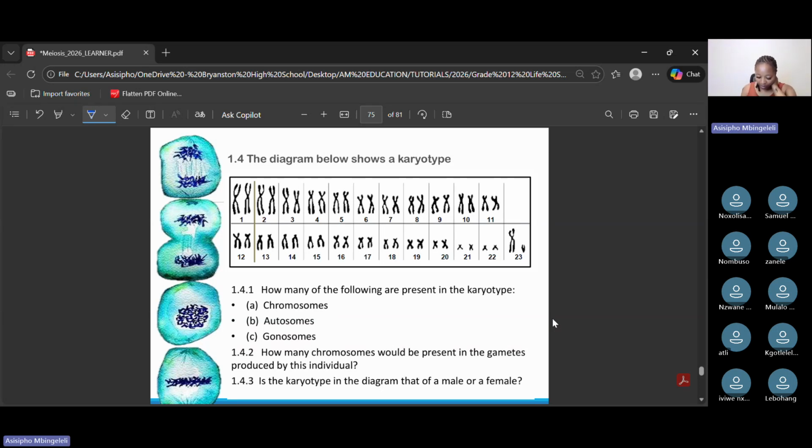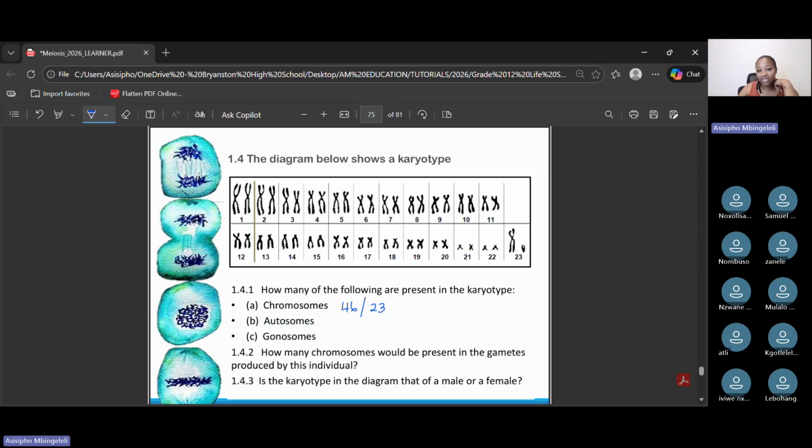How many of the following are present in the karyotype? How many chromosomes are present here? Tell me, guys, so at least I can drink my medication and sleep. How many? 46. 23. Am I hearing a 23?